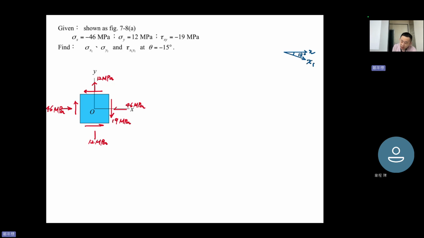You see here I just wrote down 15, because the sign you have designated determines the direction. Clockwise means negative direction. So this is y1.